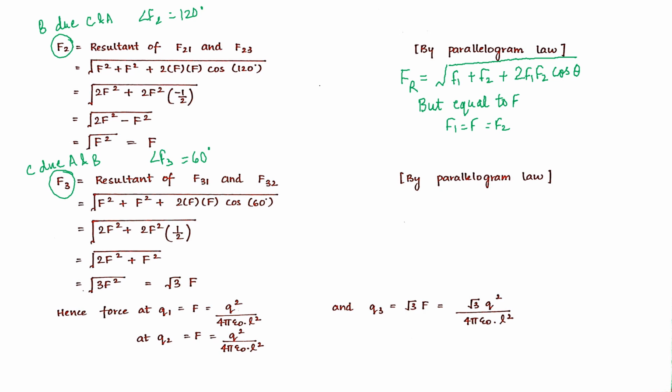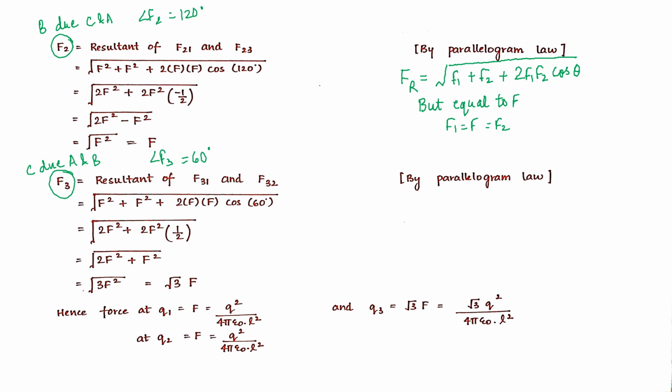I hope there is no confusion about where the formula comes from and how we are substituting the values of F1 and F2. In the previous slide, I told you the force on each and every charge due to the other charges is equal, because they are placed at equal distances.